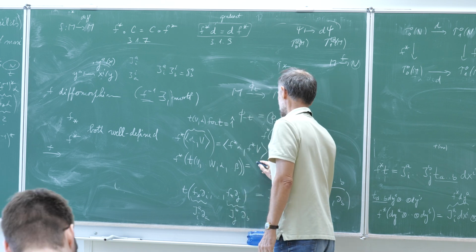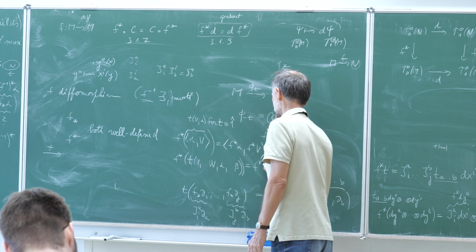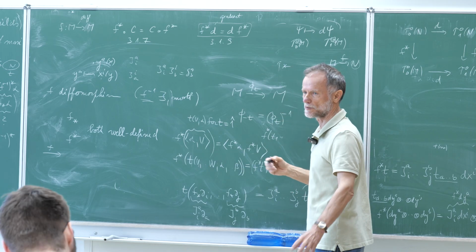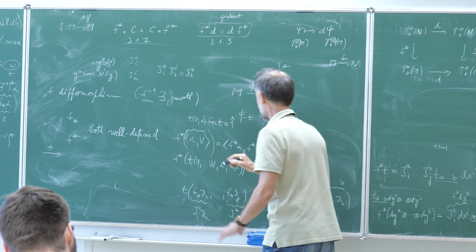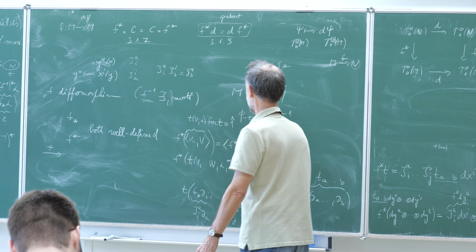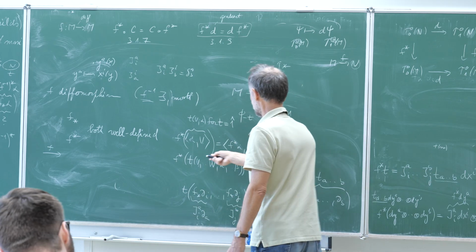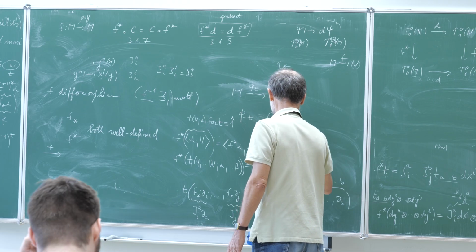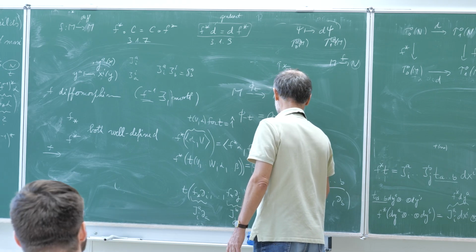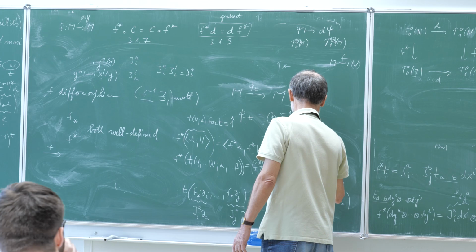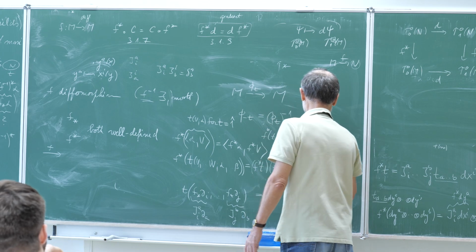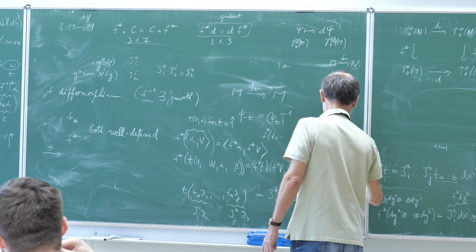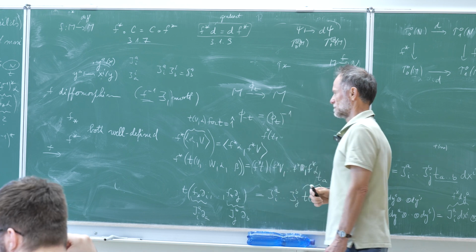Here it acts like that. Put this pullback on each member of this expression, everywhere: F star V, F star W, F star alpha, and F star beta. Yes?